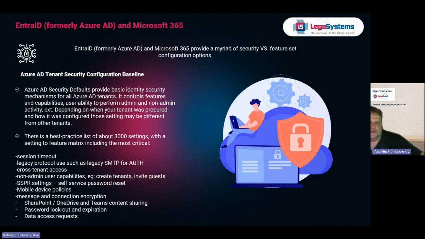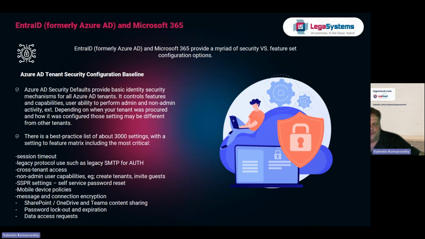So there's a setting to feature comparison, which means if I click on this hover button or twist this cog, the user will no longer be able to do X, but a bad actor may be able to do Y, and the outcome is Z, right? So this is the feature to risk comparison. So there are over 3,000 of those features, configuration items that result in either feature availability or feature non-availability.